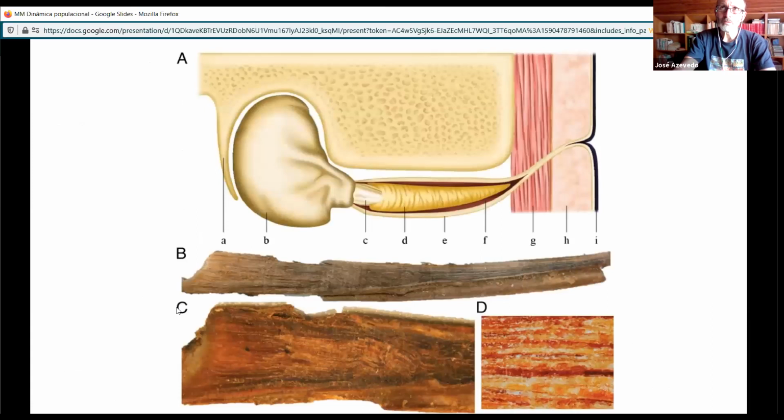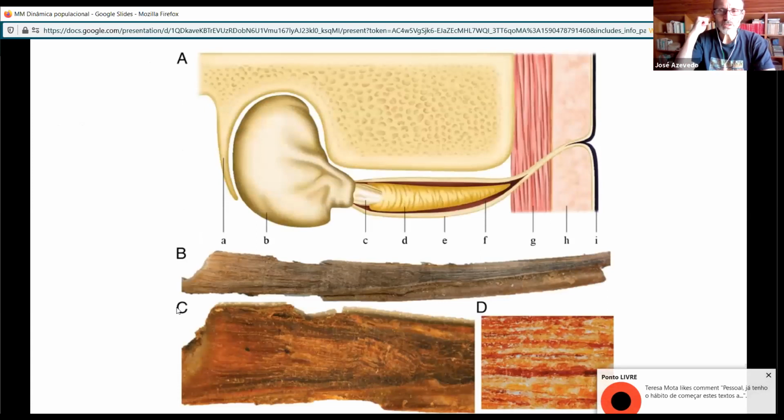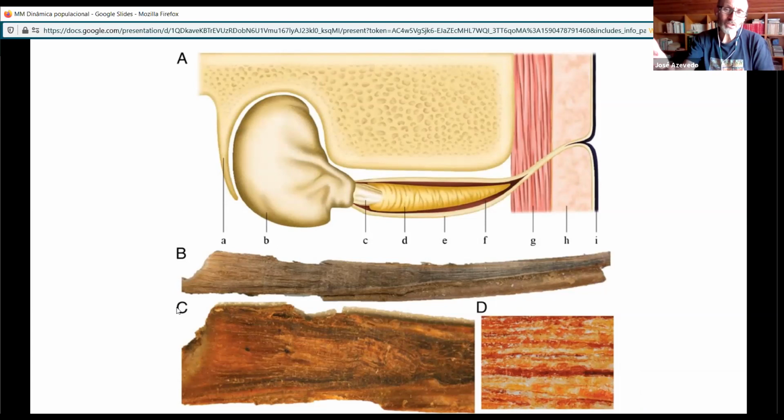For baleen whales, one technique that has been used is using the wax in their ears as an estimation of age. The middle ear is closed to the outside, but there's still a production of wax inside the ear, and this accumulates with age.